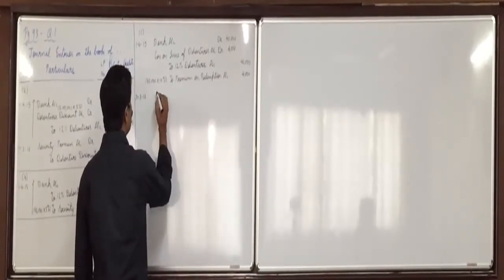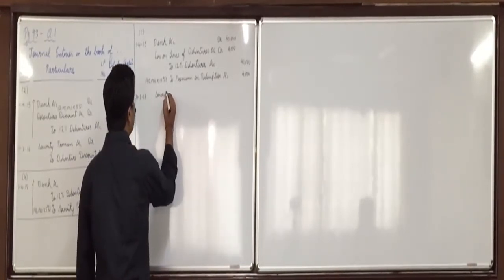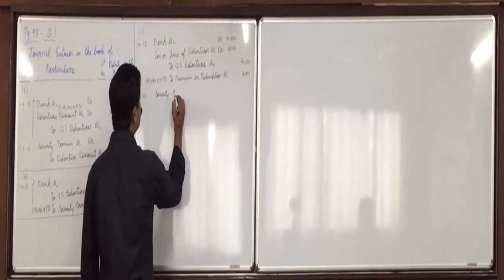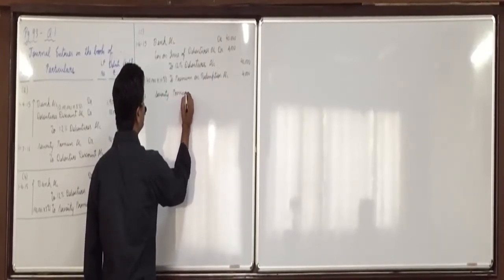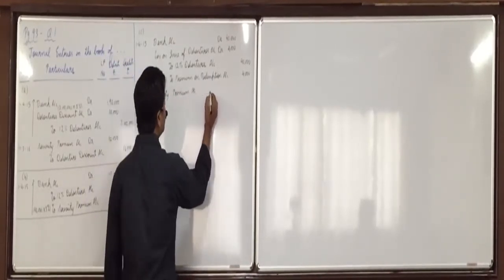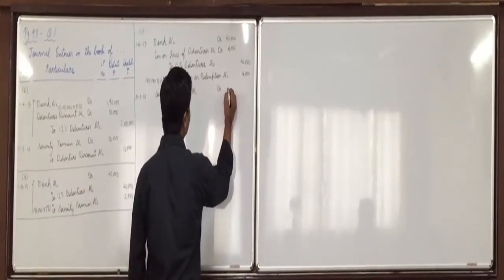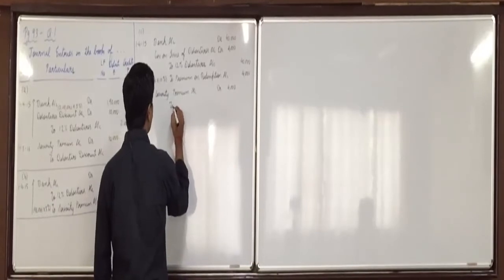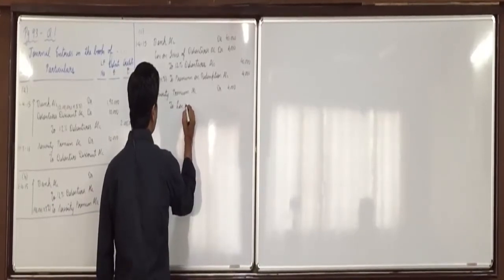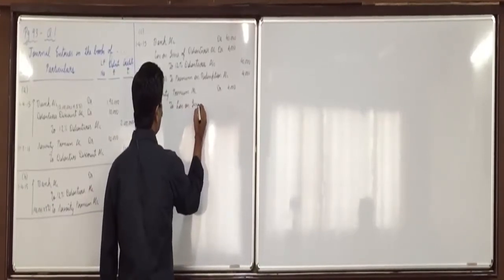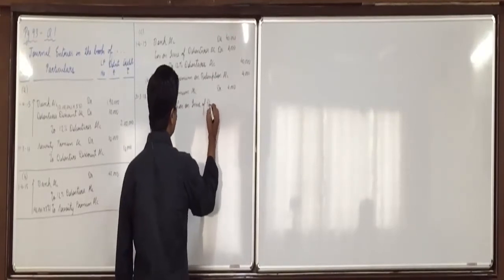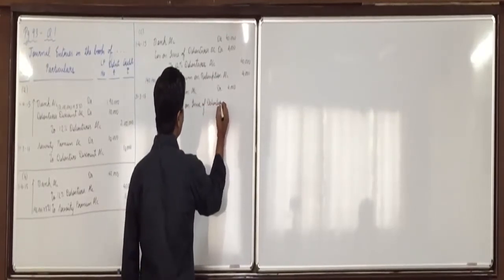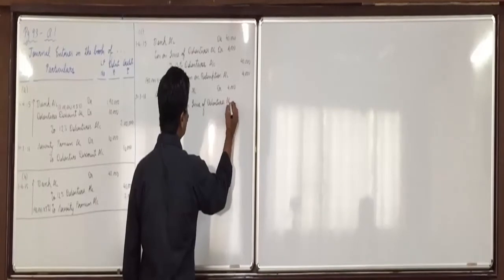Yes. So security premium account debit 4,000 to loss on issue of debentures account 4,000.